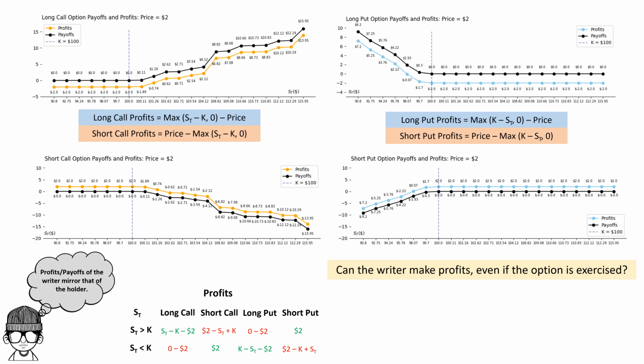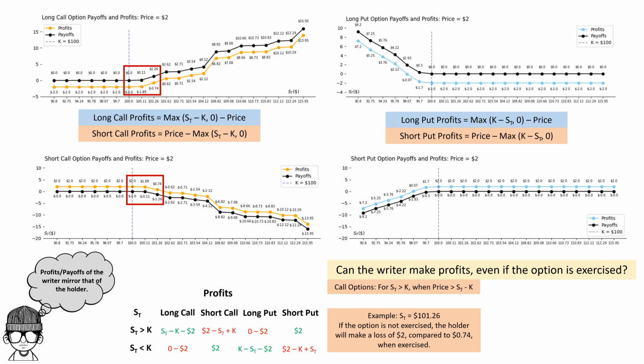So is there a chance that the writer can make a profit even when the option is exercised? The answer is yes. So let's consider the case for call options. For when ST is greater than K and when the price is greater than ST minus K, let's take the example of ST equal to $101.26.